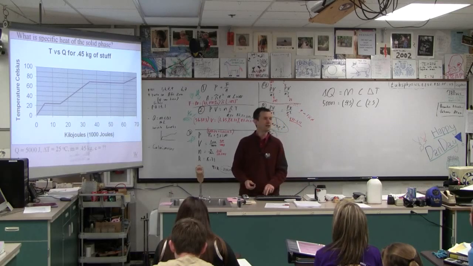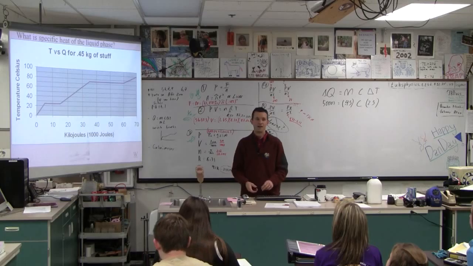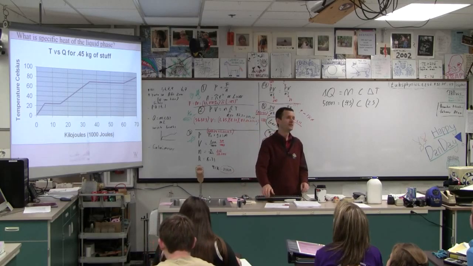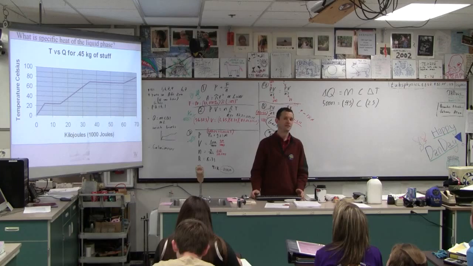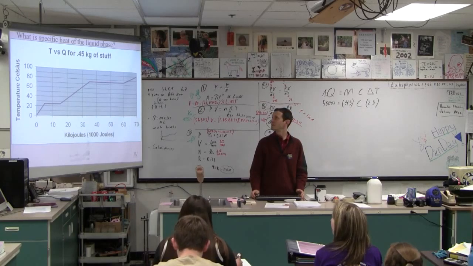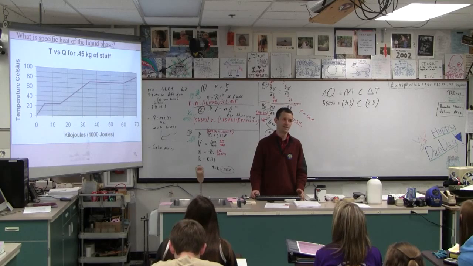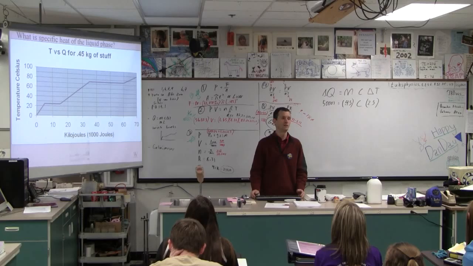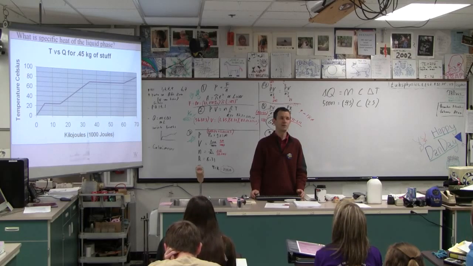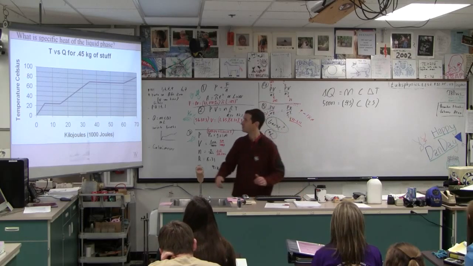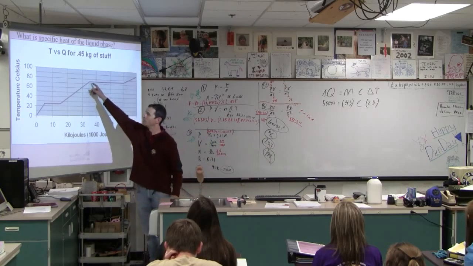What's the next question? What is the specific heat of the liquid phase? Now I'm going to tell whether you're really reading the graph, because the change in temperature is definitely not 75 for the liquid phase.